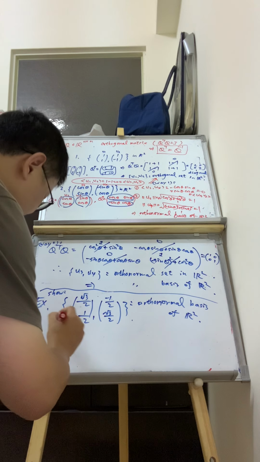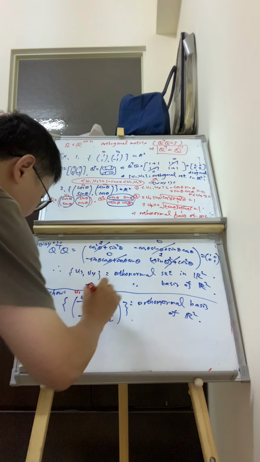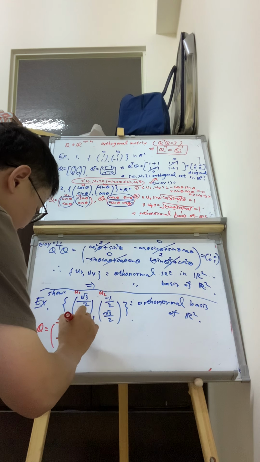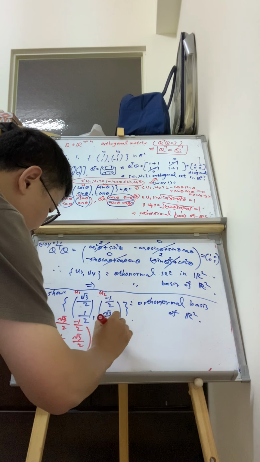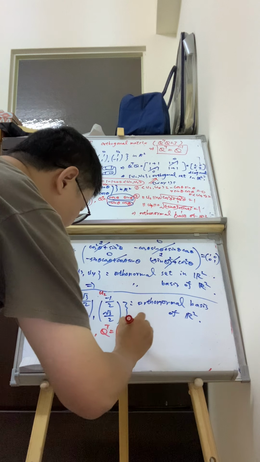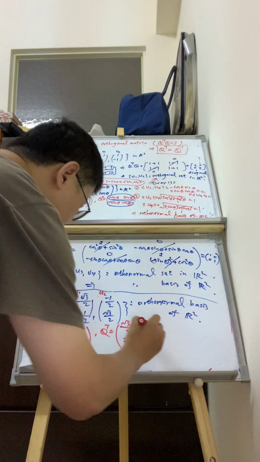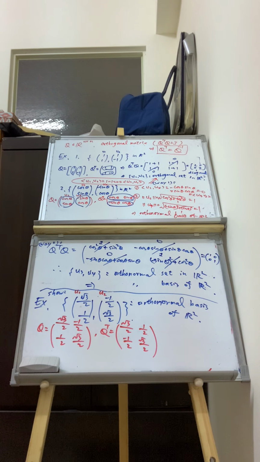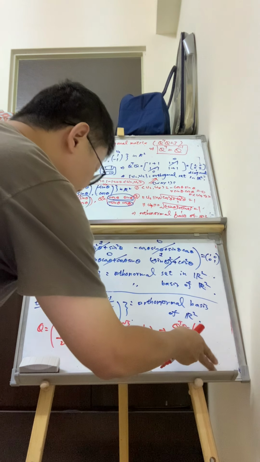You can see the matrix Q is U1, U2, so it's square root of 3 over 2, 1 half, negative 1 half, square root of 3 over 2. So Q transpose is square root of 3 over 2, negative 1 half, 1 half, square root of 3 over 2. And once you consider Q transpose Q, what will you get?